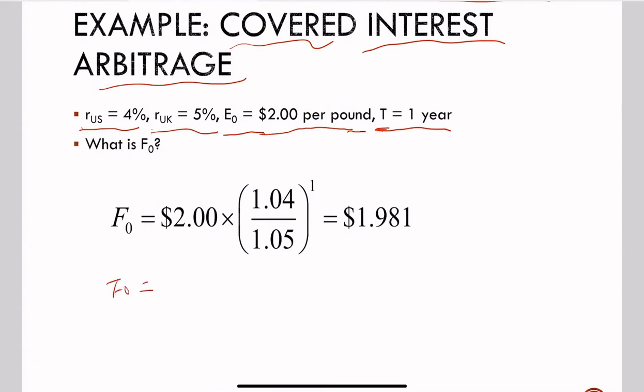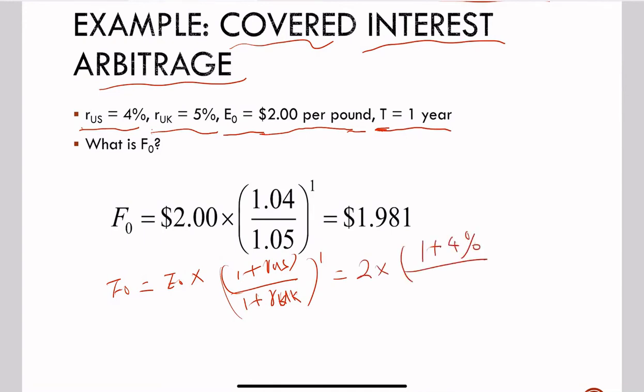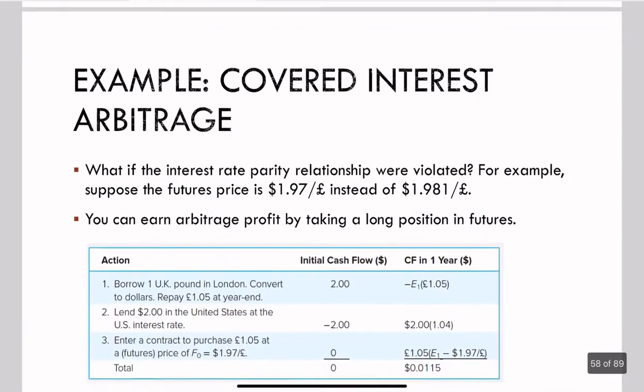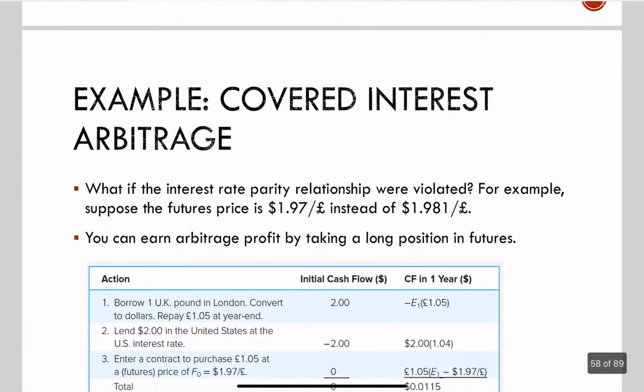So we know that F0 equals E0 times 1 plus interest rate in the US divided by 1 plus interest rate in the UK, right? And then you would plug in numbers. 2 times 1 plus 4% divided by 1 plus 5%. This gives you 1.981.